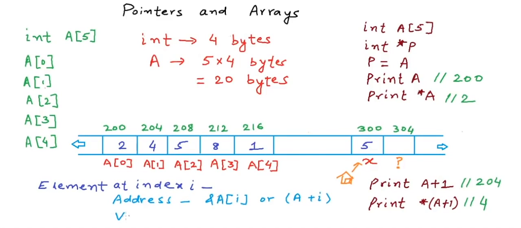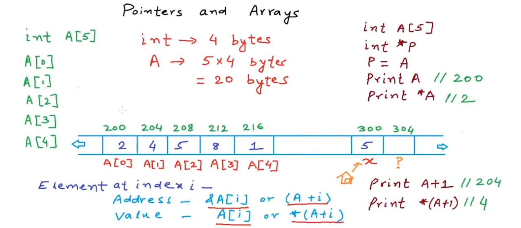The value of ai can be retrieved using either ai, or asterisk a plus I. Now this is an important concept. We can write ampersand ai or a plus I for each other and they mean the same, and we can write ai or asterisk a plus I for each other and they mean the same.